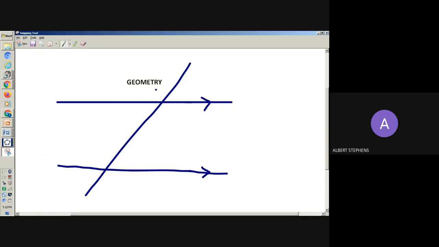So if I have angles here, say A, B, C, and D, E, F, G, and H. I need someone to tell me the angles that are equal.